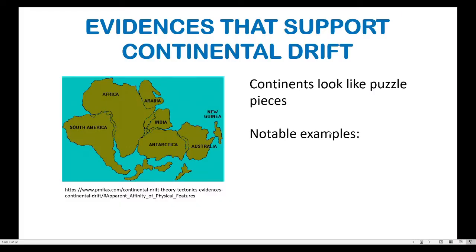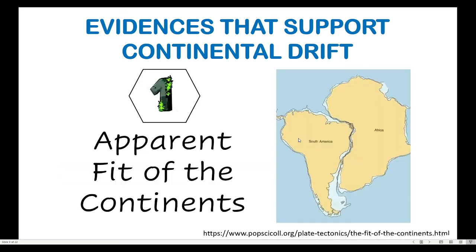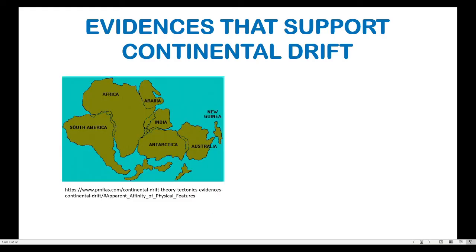For example, we have South America and Africa, which we have shown in the previous slide. The coastlines of South America and Africa look like puzzle outlines, so they seem to perfectly fit each other.